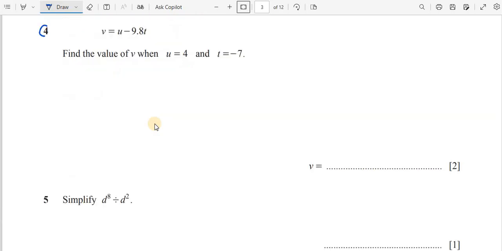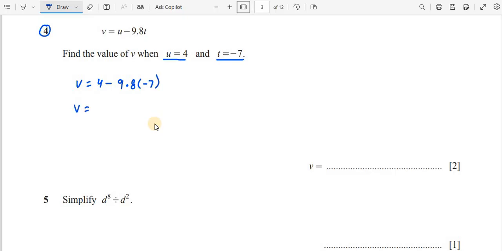Question number 4. V is equal to U minus 9.8T. Find the value of V if U is equal to 4 and T is equal to minus 7. So V is equal to 4 minus 9.8 times T, and T is minus 7.